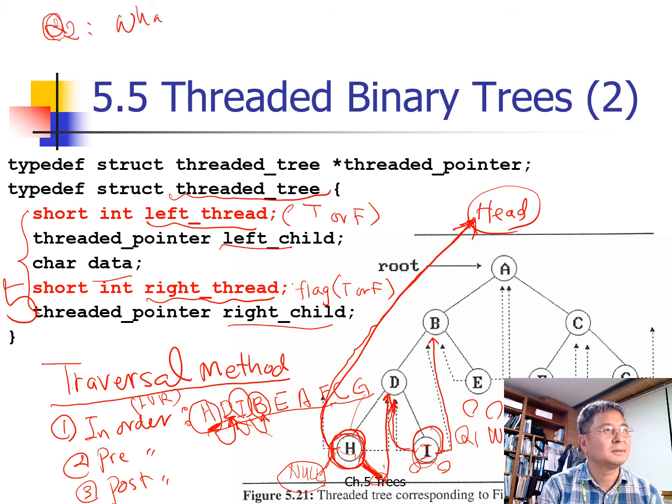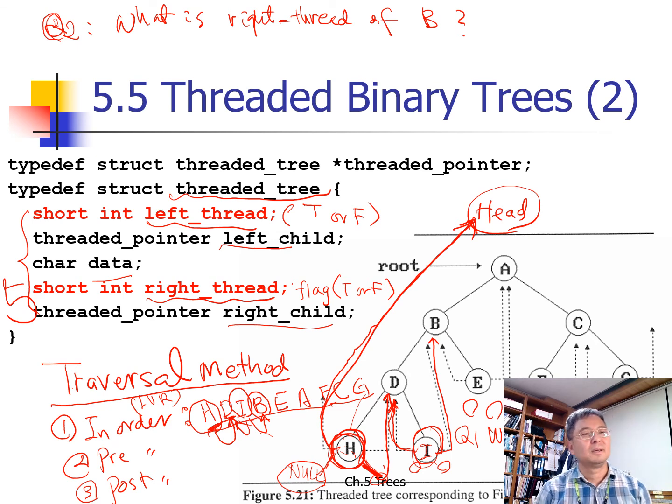What is the right thread of B? The B node is here. The right thread is related to this right link field. The right link field is used to point to the right subtree.